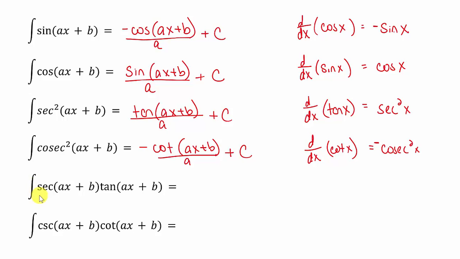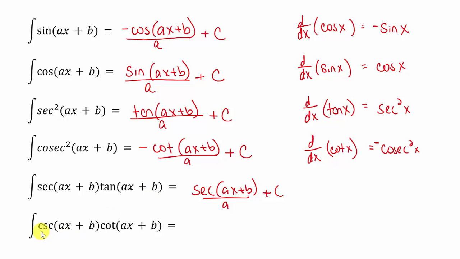And so again, what can I take the derivative of that's going to give me secant tangent? Well, that's secant. So I'm going to have secant of ax plus b over a plus c. So the derivative of secant is secant x tangent x. So the integral of secant x tangent x is secant.